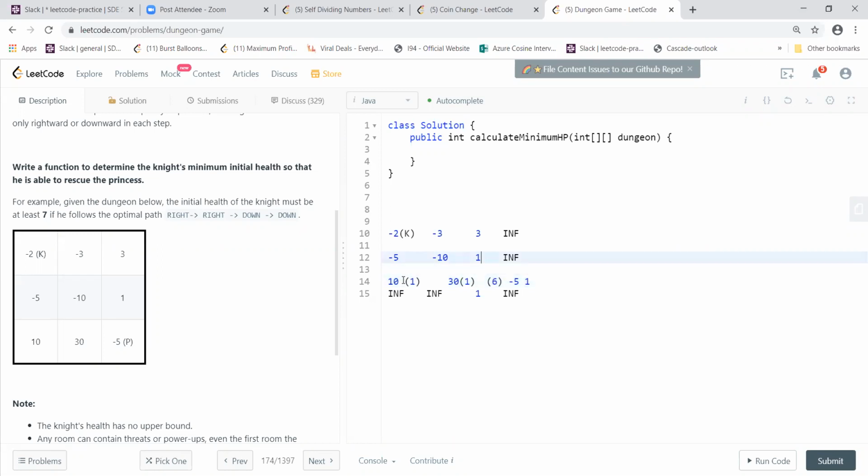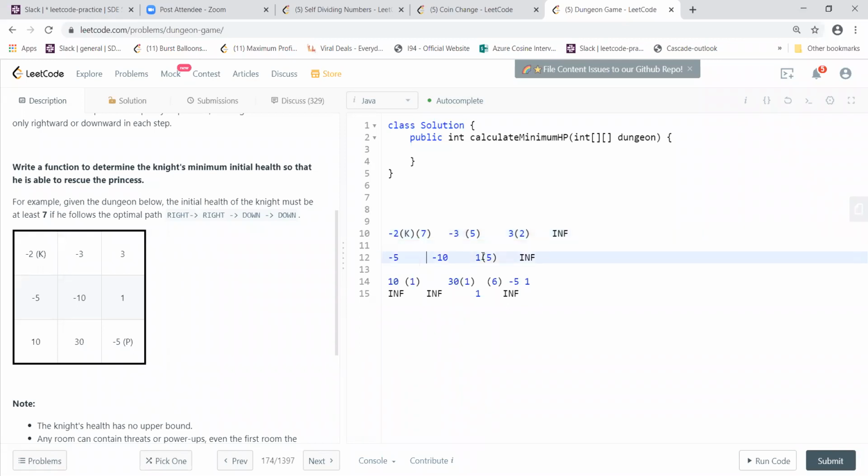Okay, 6, and here this is 6 and 1, so this will be 5. This will be 5, and then I come here. So this guy will be 2, right? And this guy will be 5. And this guy will be 7 in this case.